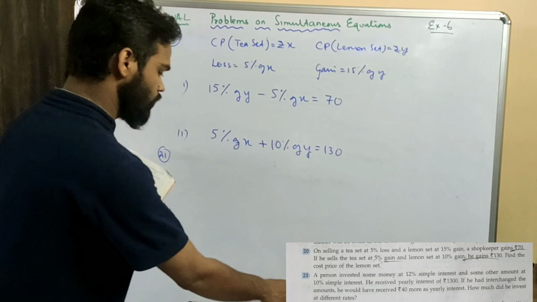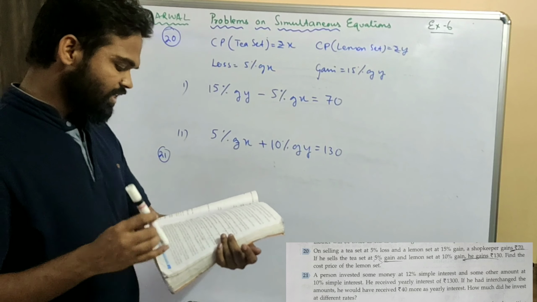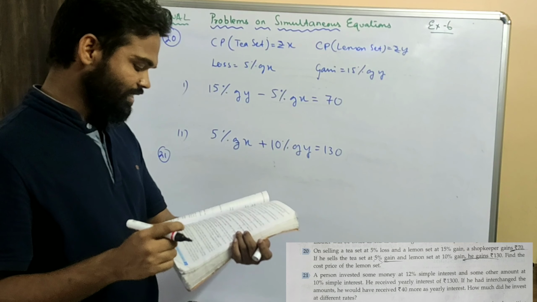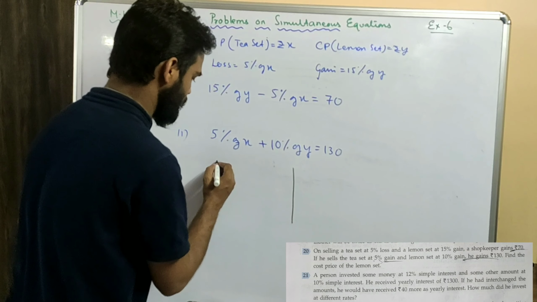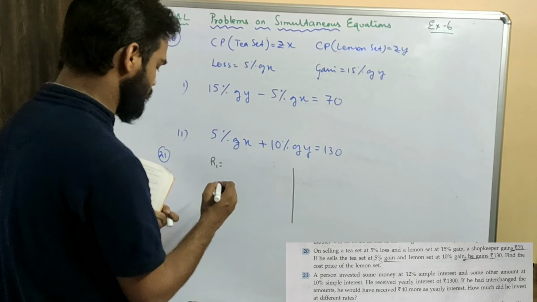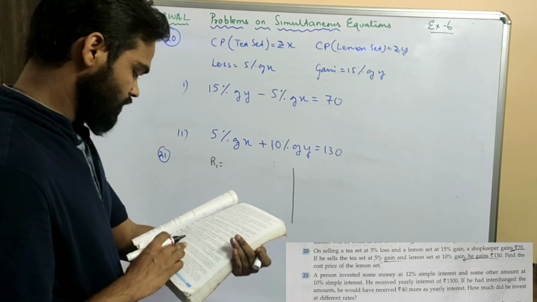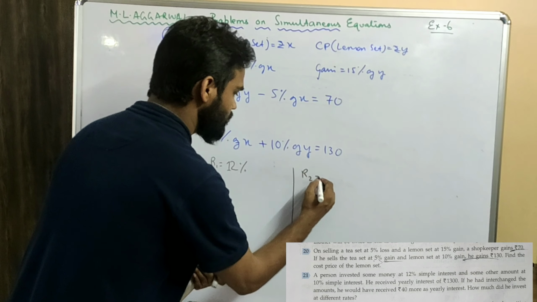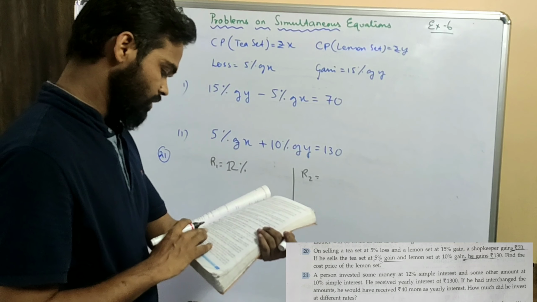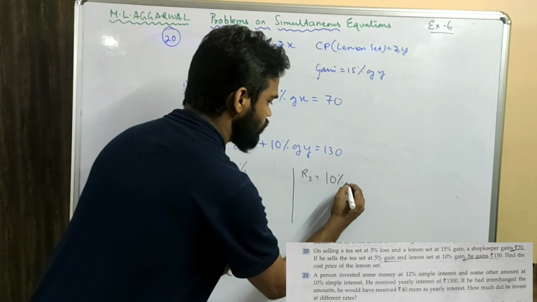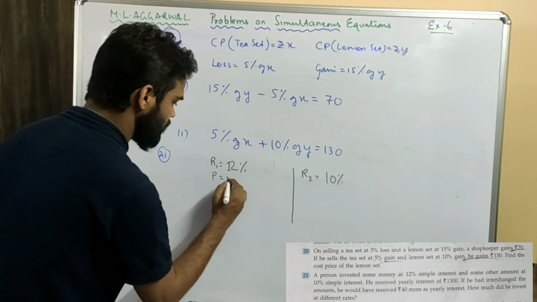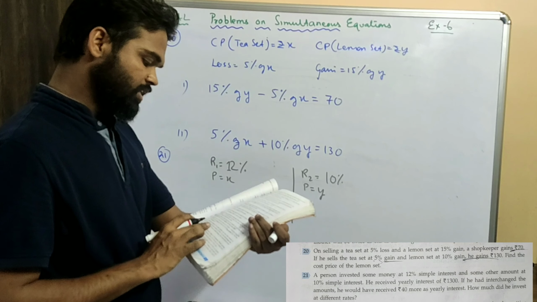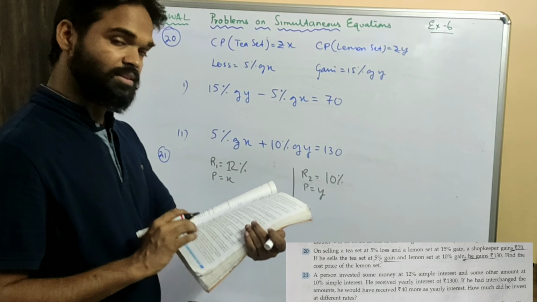21. Look over here what they have told. A person invested some money at 12% CI and some other amount at 10% CI, which means two cases. In first, the rate is what? Let me see, 12%. In second, the rate is 10%. So over here let the principal be X, over here let the principal be Y. Okay? He received yearly interest of 1300.